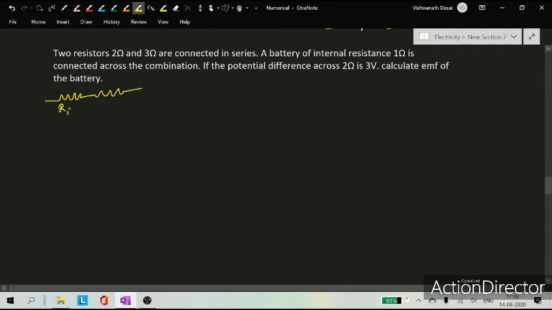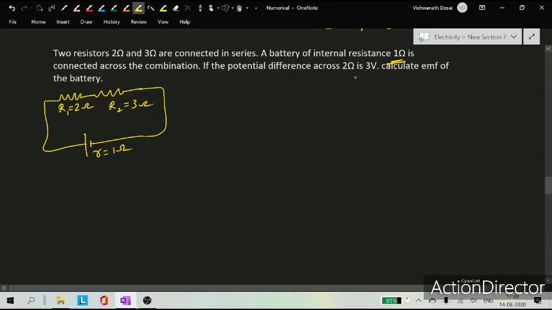This is R1, I will call 2 ohm, and R2 which is equal to 3 ohm. So a battery of internal resistance 1 ohm is connected. The internal resistance of this is r equal to 1 ohm, connected across the combination.